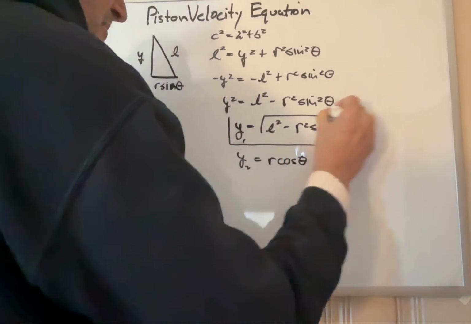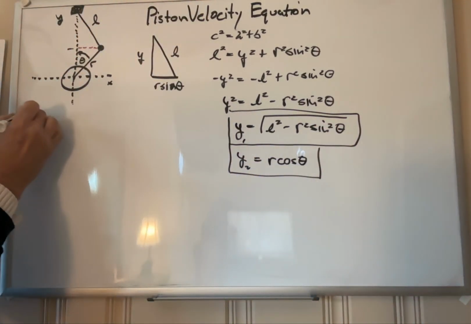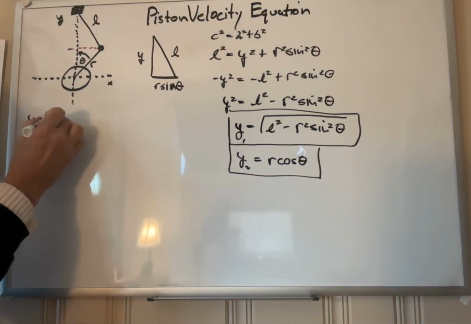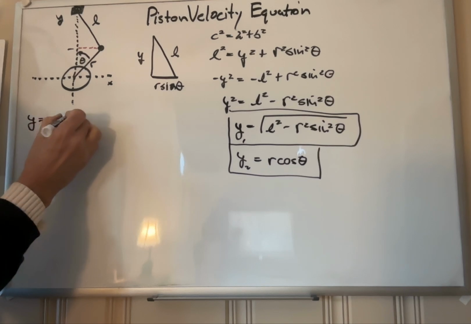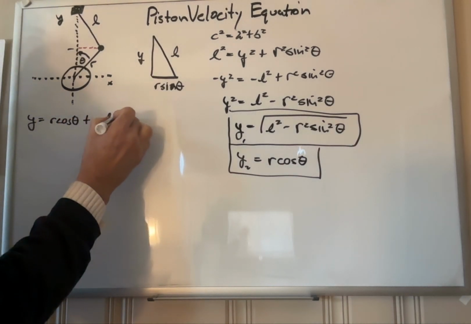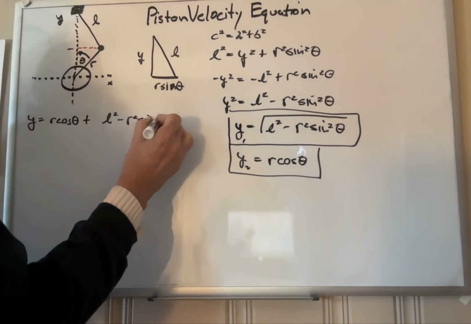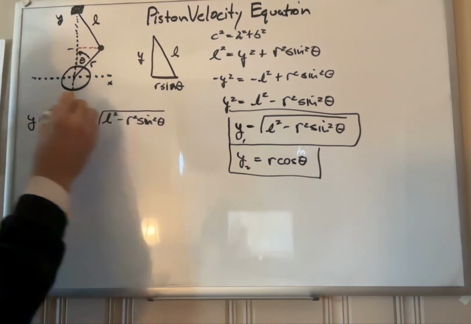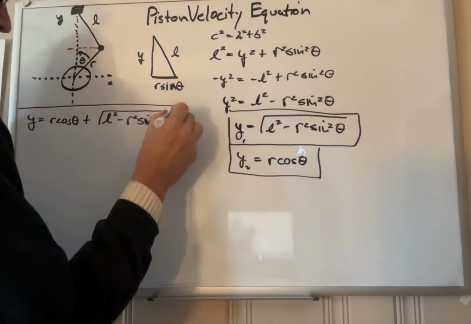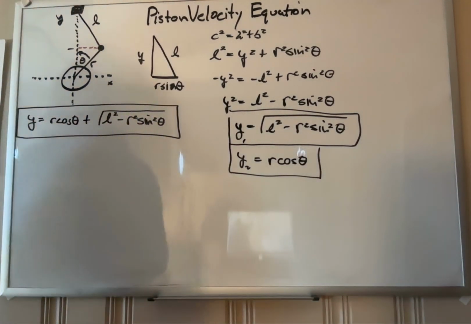We take these two and add them up, we're going to get Y. So Y is going to be equal to R cosine theta plus the square root of L squared minus R squared sine squared theta. This is our position vector, basically the equation that's going to give us our position.